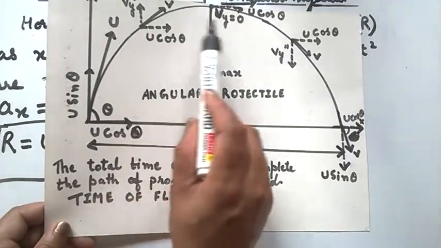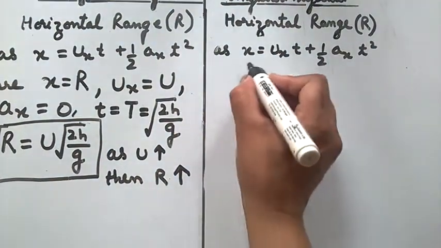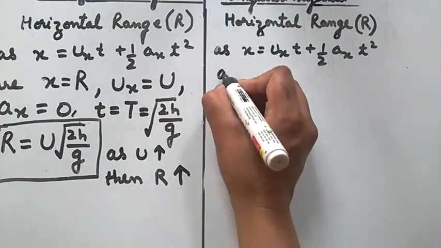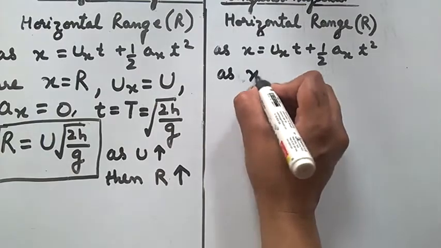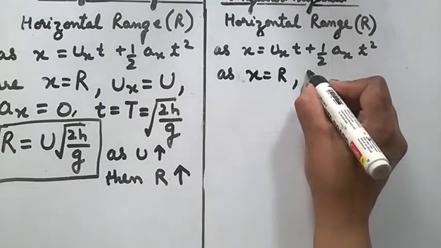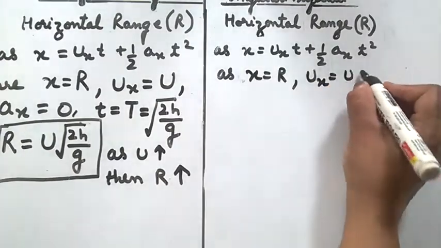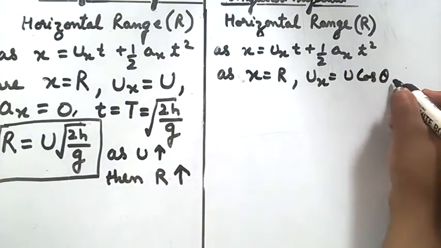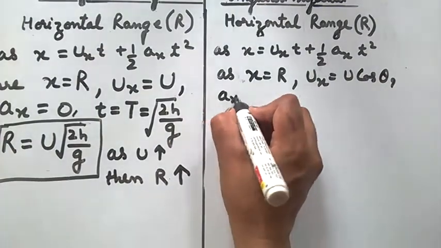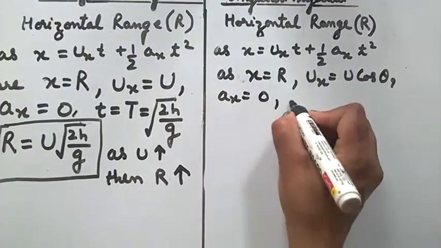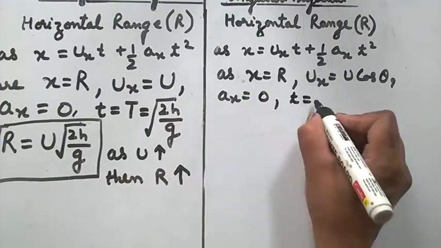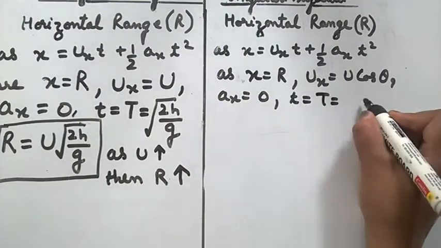Therefore, on substituting all these values, x is equivalent to R, ux is equivalent to u cos theta, ax is equivalent to 0 as it is constant. Time of flight is the total time, which is equal to the value which we have already calculated, that is 2u sine theta by g.